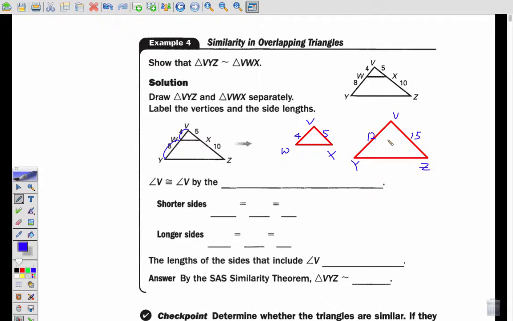Make sure you do that little bit of arithmetic there. So now, as you can tell, because I have an angle V and an angle V. And remember this, angle V is congruent to angle V by reflexive property of congruence.